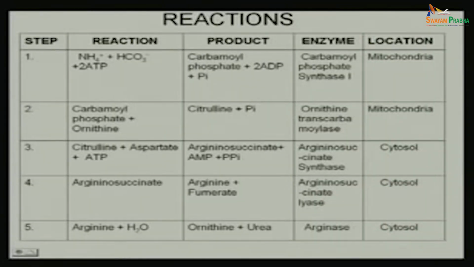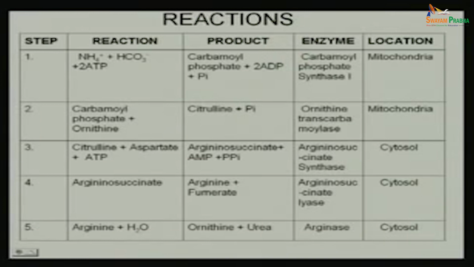Now, at a glance, if I give you the overview of this urea cycle, we can see that initially the ammonium ion and bicarbonate, in the presence of two molecules of ATP, produce carbamyl phosphate, and this carbamyl phosphate is the first product of the urea cycle.